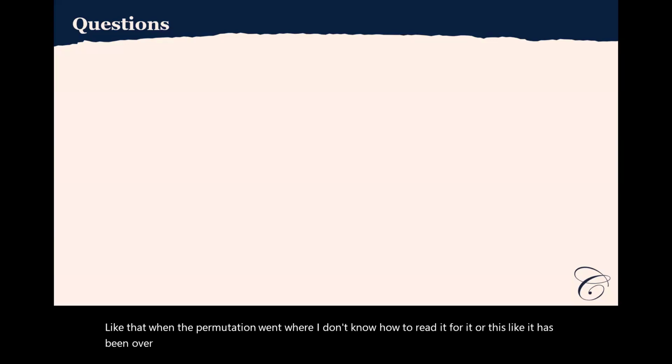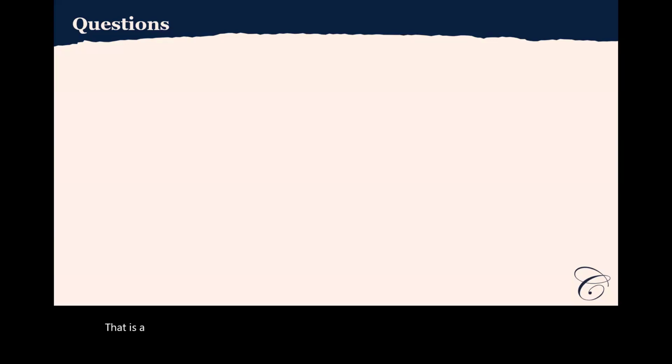What I've noticed when we're going through them, if we come to a card like the permutation one where I don't know how to read it, or one that has n over d, so numerator over denominator, and then the index is -m, and m is an element of n, I'm not sure how to read that, and so we tend to just put it aside and skip it, or maybe there's one that we don't know yet that's a fraction or something. I just wonder if you have tips for how to actually handle those. I'm going to stop talking and see if anybody has anything to say to me.